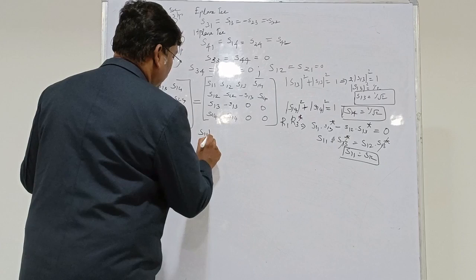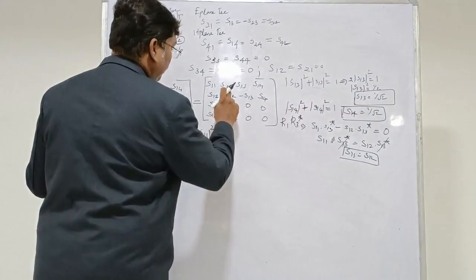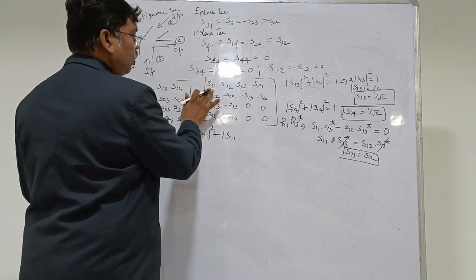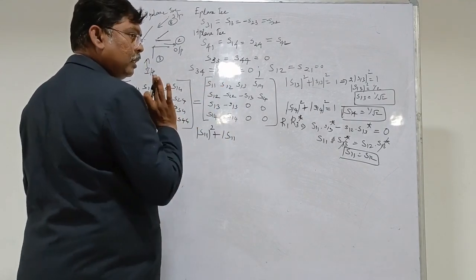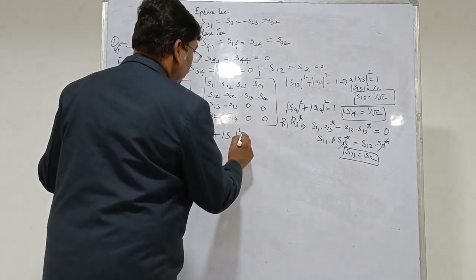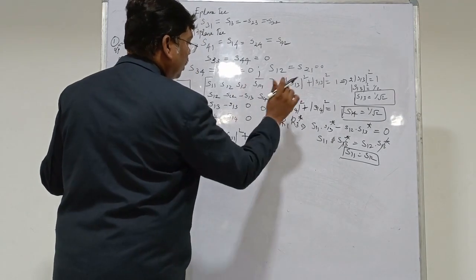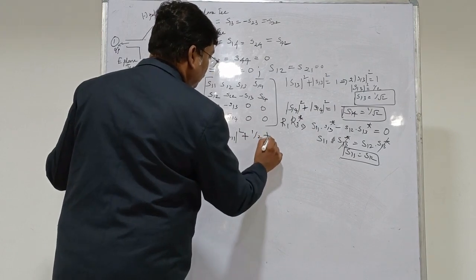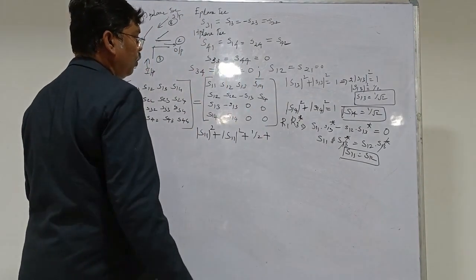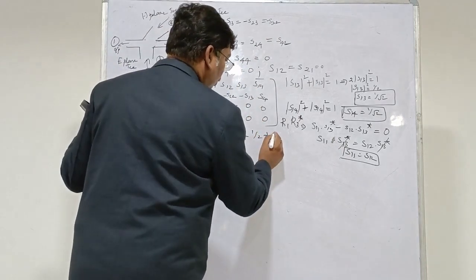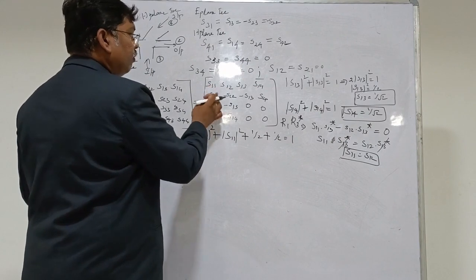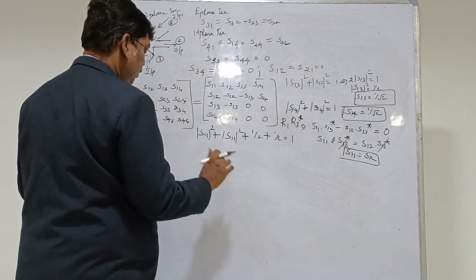That means modulus of S11 squared plus S12 squared, considering S12 as S11, plus S13 squared, which is 1 by root 2 the whole squared, that is 1 by 2, plus S14 squared, also 1 by 2, is equal to 1, because I am multiplying the row with the same row's complex conjugate.